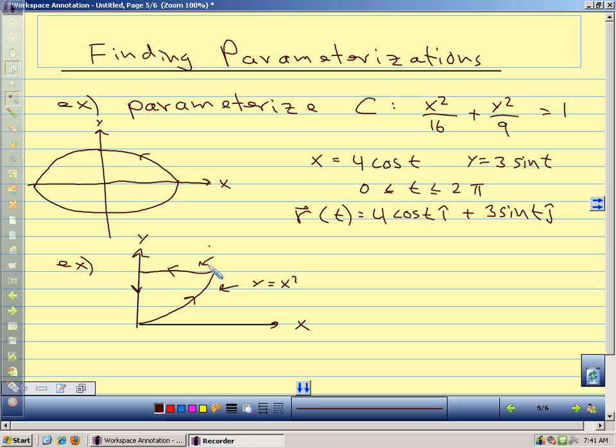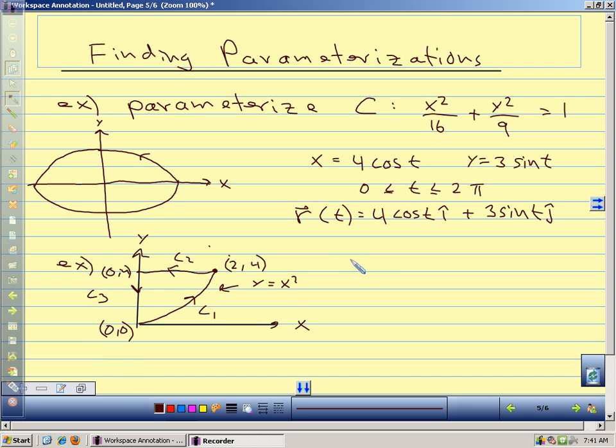This is the point 2, 4. This is y equals 4. So this is 0, 4. And this is 0, 0. So we want to parameterize this piecewise smooth curve. I'm going to break it up into 3 pieces. Let's call this C1, C2, and C3.